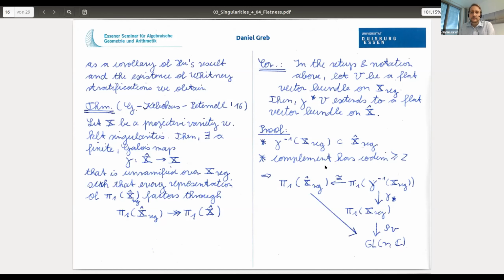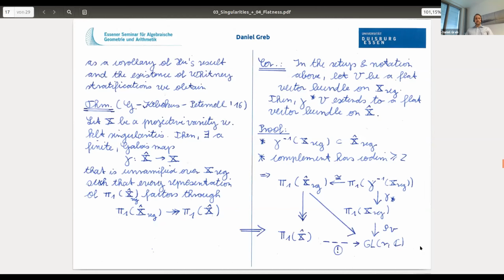Then you have a natural map from the fundamental group of the pre-image to the fundamental group of X reg. This is just push forward, and then you have this representation defining the flat vector bundle V from the pi1 of the regular locus of X to GL_r, where r is the rank of the bundle. And so you compose these maps, so you get a homomorphism from pi1 of X hat reg to GL_r(C), and now the theorem tells you that exactly that's what you have.